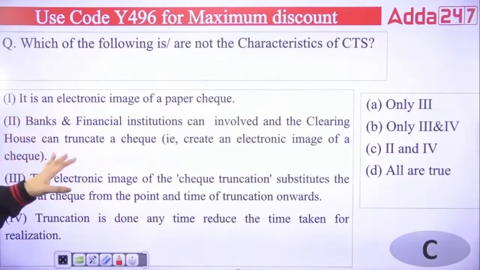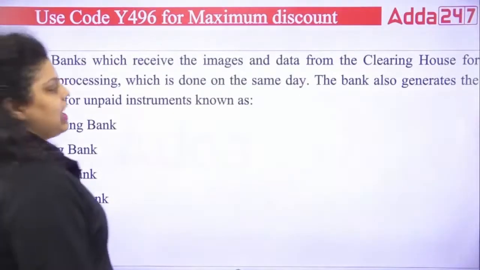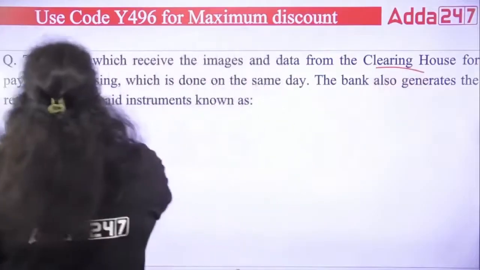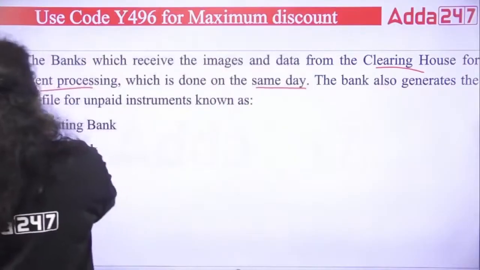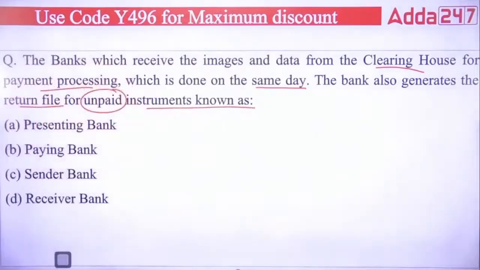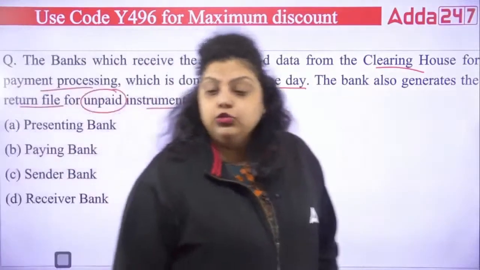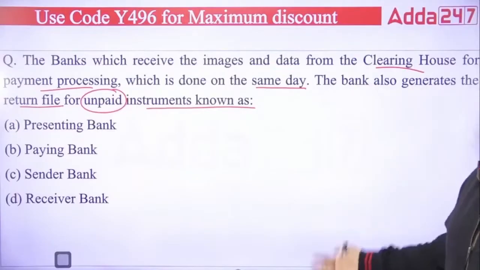Now next, we have a question about the banks which receive the images and data from the clearing house for payment processing, which is done on the same day. The bank also generates the return file for unpaid instruments, known as what?